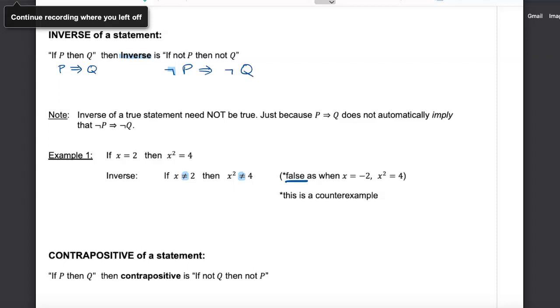By saying this is false because when x is negative 2, x squared is 4, we have what we previously talked about, which is a counterexample. And as soon as we have a counterexample, we can prove that a statement is false. So in our case, the initial statement was true, however, the inverse statement is false.